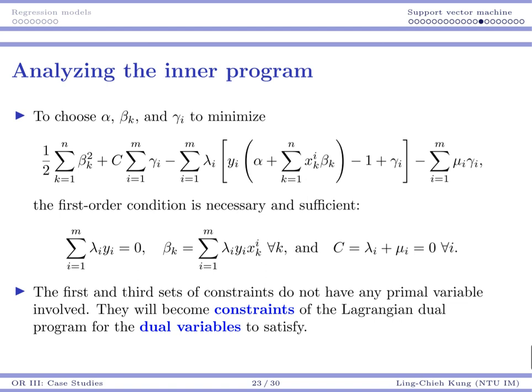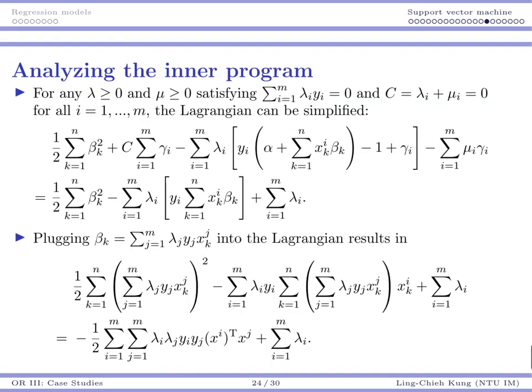Now we have two things to be satisfied by dual variables, and they will be used to simplify our Lagrangian. Once we know this and that must be true, you will be able to take out some parts. The coefficient of alpha must be 0. That's how this term here disappears, and alpha also disappears.